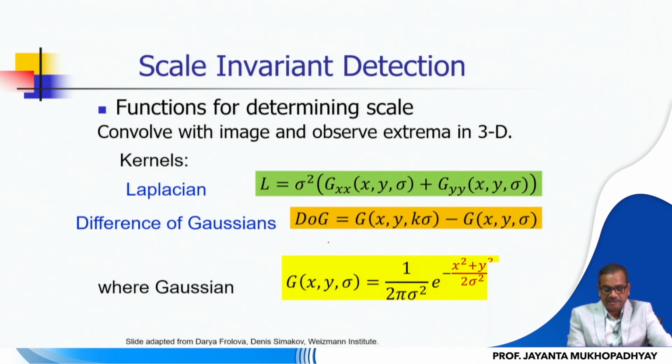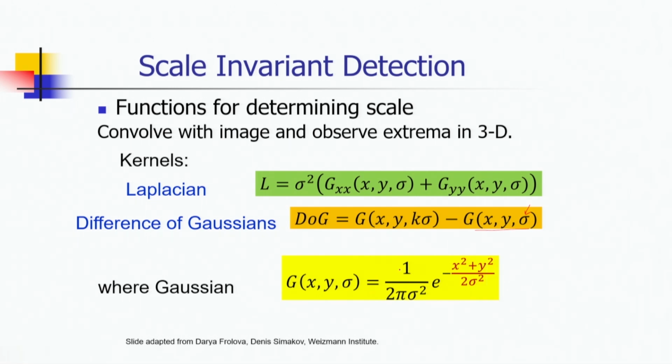So I have just shown here the function for the difference of Gaussian. You can see that here you have filtered with the parameter sigma. It is the same thing: you can consider Gaussian filtered images and take the difference, or you can use this filter with this function and convolve it with the image.